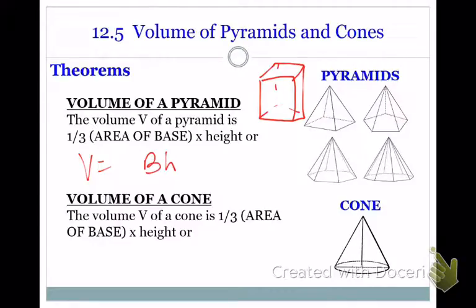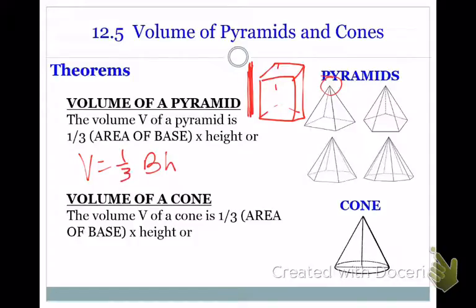Now, we can't just leave it at base times height, because that would tell you how much water to fill that prism with. A pyramid comes to a point, comes to a vertex, and so you are going to lose some volume. As a matter of fact, you're going to lose 2/3 of that volume.